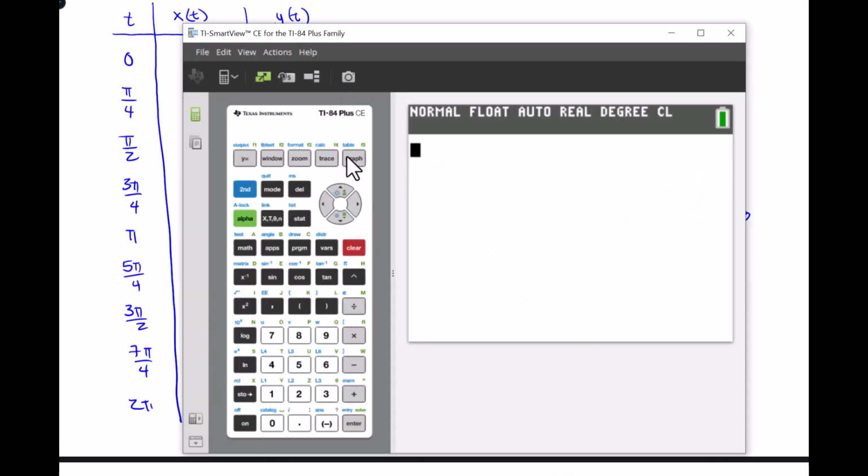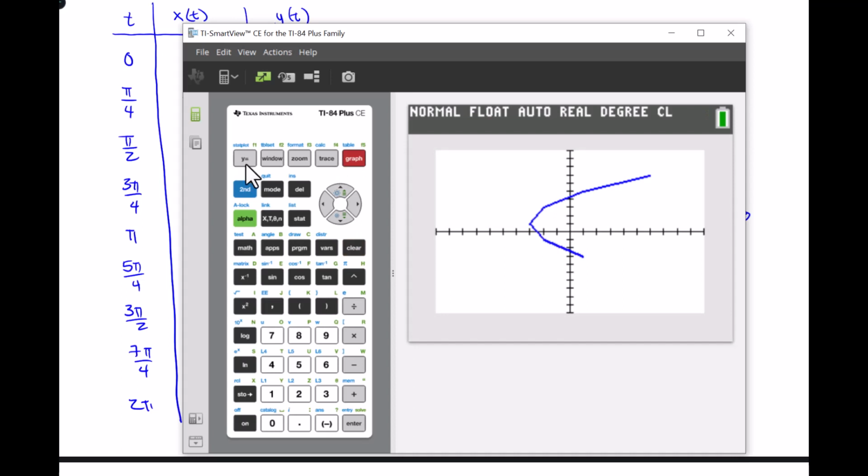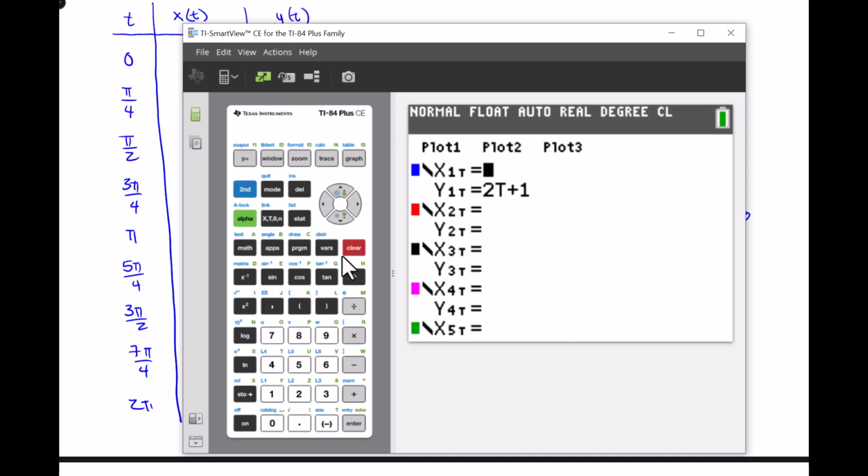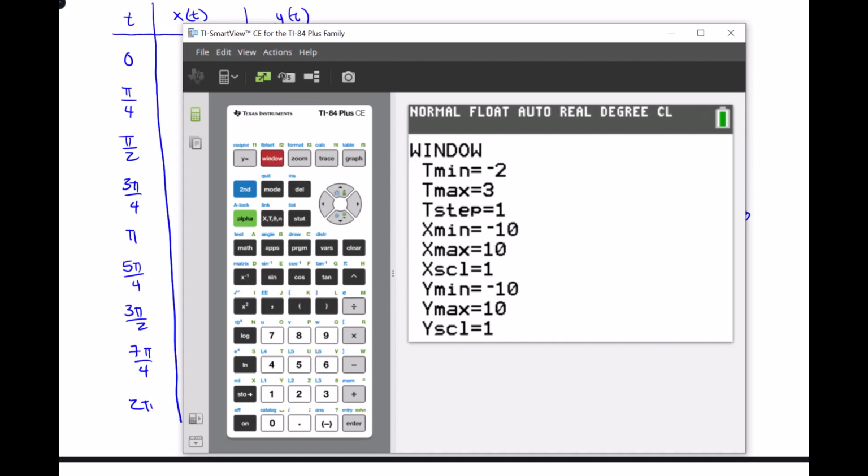And let's check that graph against what's in the calculator. Even though these aren't polynomial functions, we can still use them for x1 of t and y1 of t. If I just plug in, x of t was 4 cosine t, and y was 4 sine of t. All right, checking the window here. T min to t max, I'm now going from 0 to 2 pi.